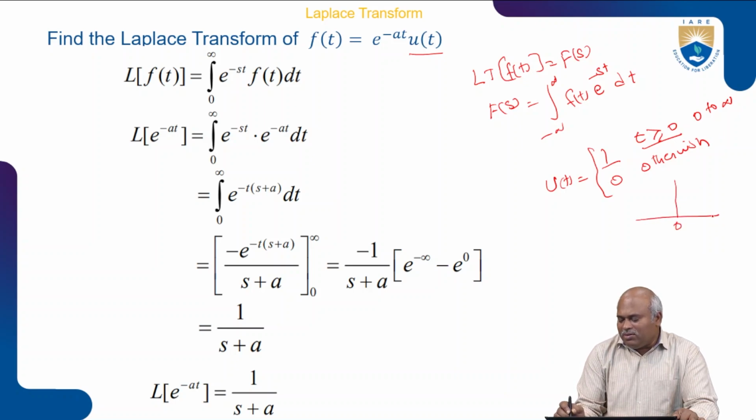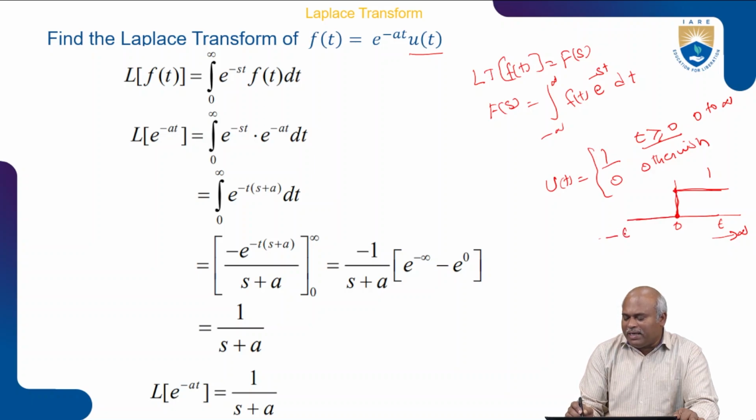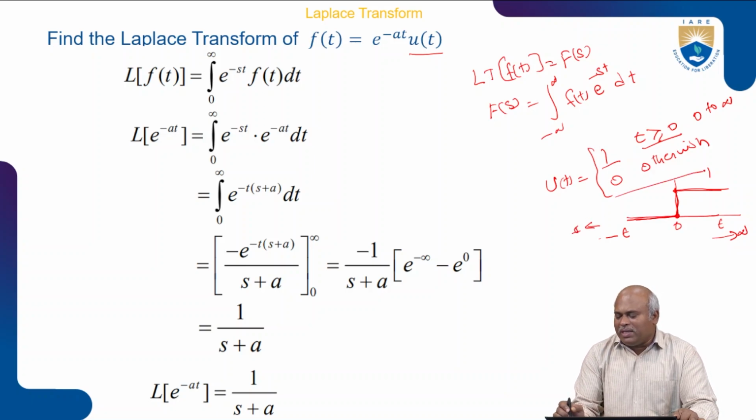This is 0, this is t going up to infinity; from 0 to plus infinity all is represented as 1, and the remaining portion, t less than 0 down to minus infinity, is represented as 0. That's the meaning: the interval starts from 0 to plus infinity.